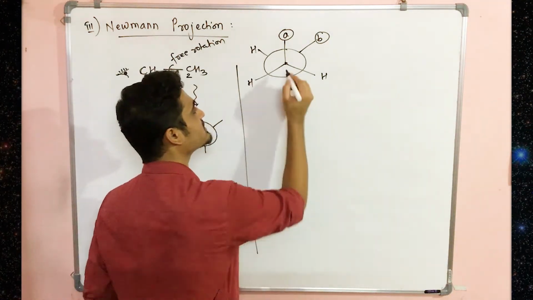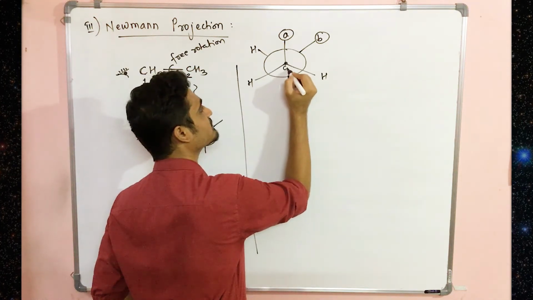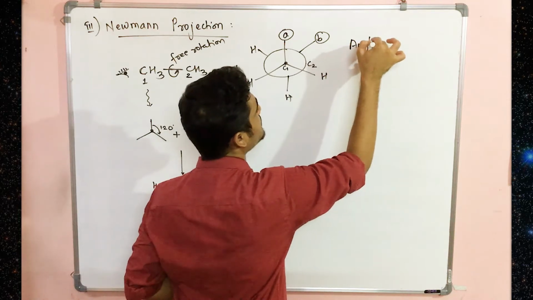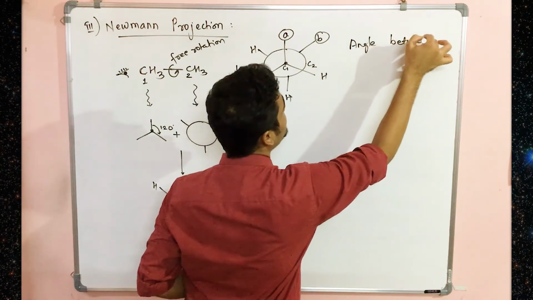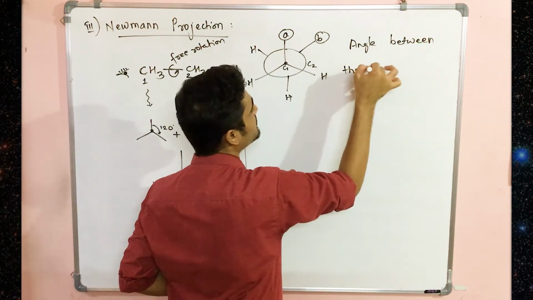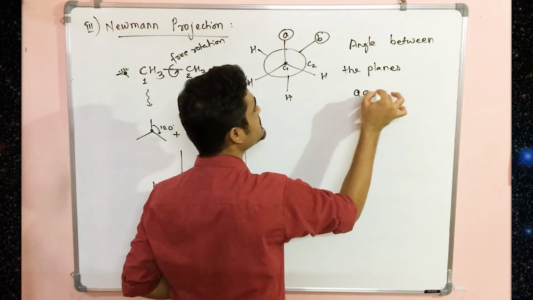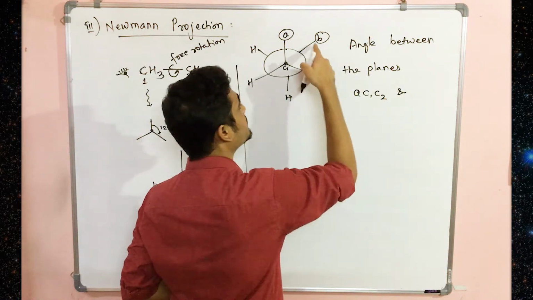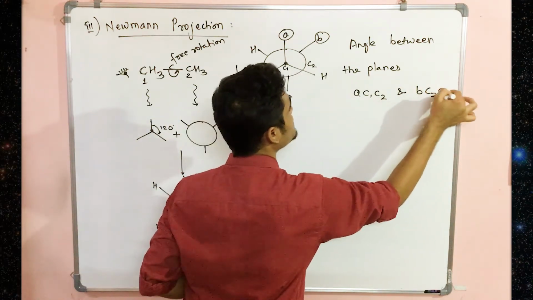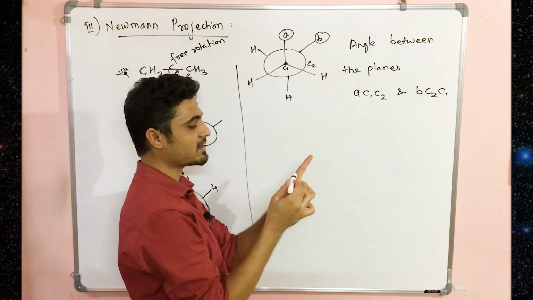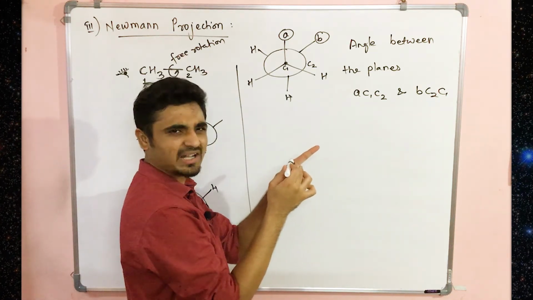So what I'm going to do is, the first one is C1, the first carbon atom, the other is C2. So I'll write the definition: angle between the planes. Which planes? A, C1, C2 and B, C2, C1. So B, C2, C1 is how? B, C2 is the back carbon, and on that B is somewhat like this.